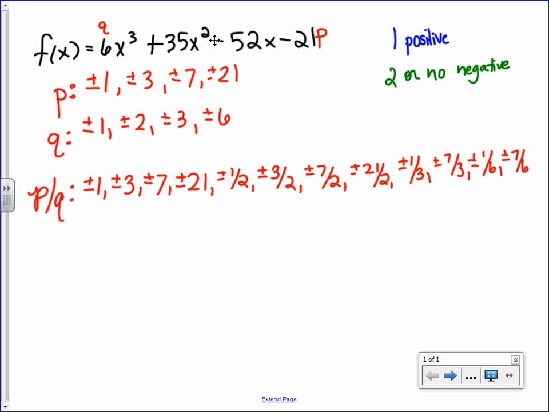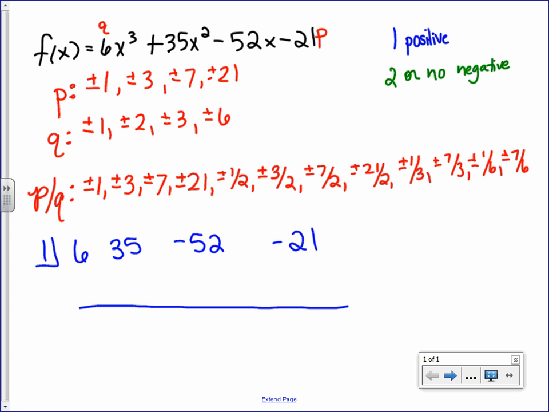Okay, so let's just go ahead and start by testing 1. If I put 1 into this problem, 6, 35, negative 52, negative 21. What's going to happen if this works? What does working look like? Then a 0, okay.